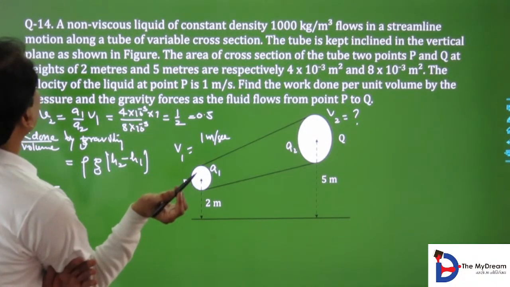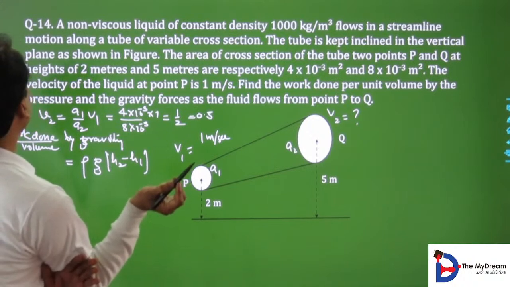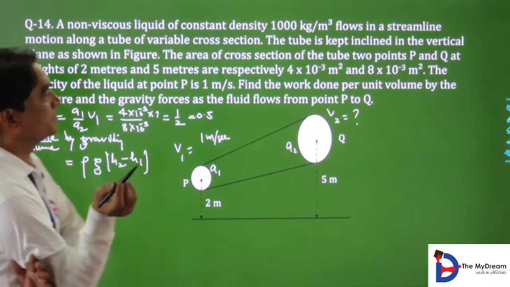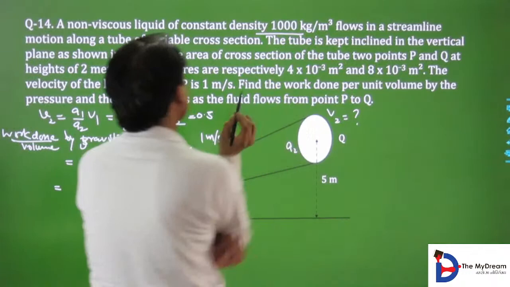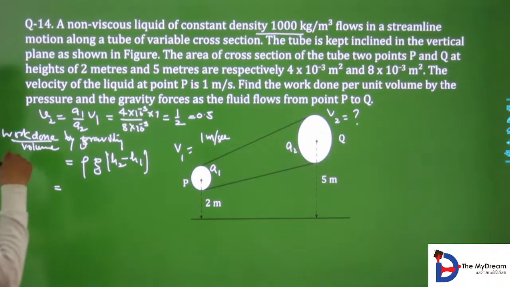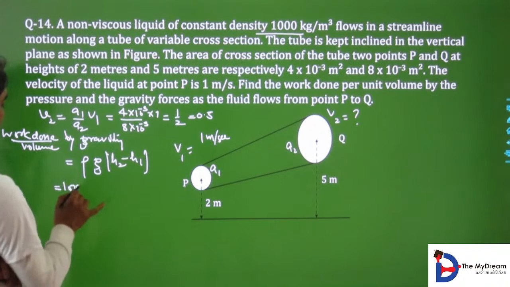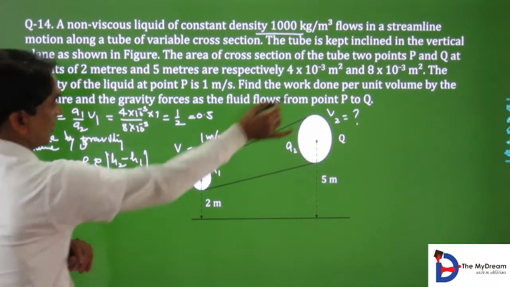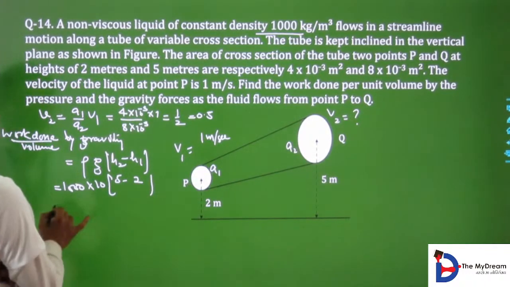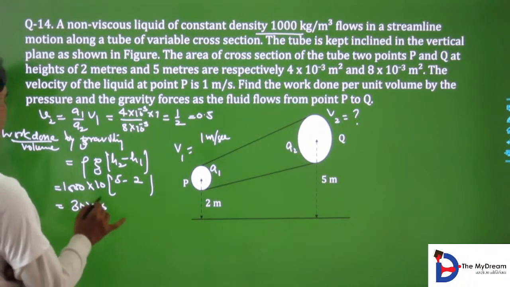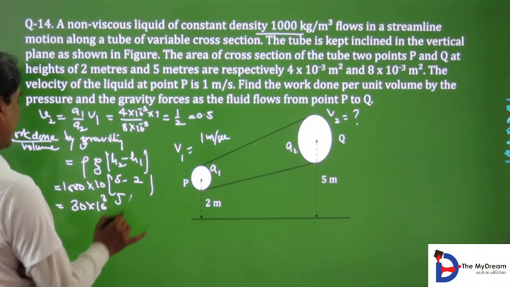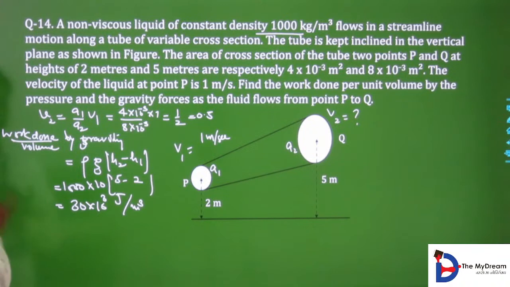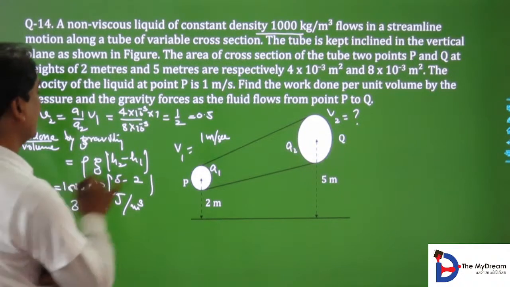Density of water is already given to you. This is 5, this is 2. Then you can write down 30 into 10 raised to power 3 joule per meter cube. This is the work done per unit volume by the gravity forces.